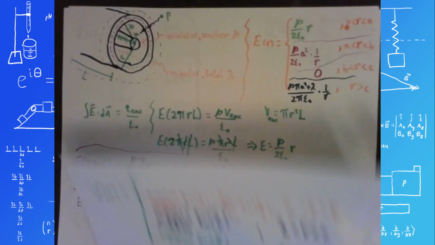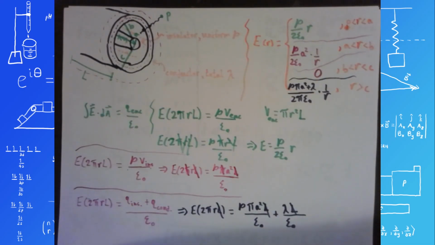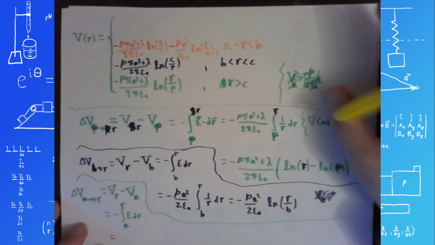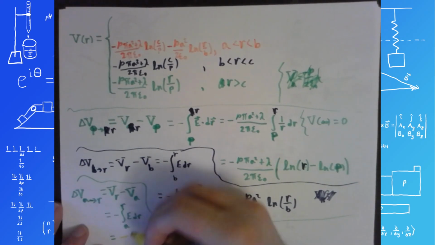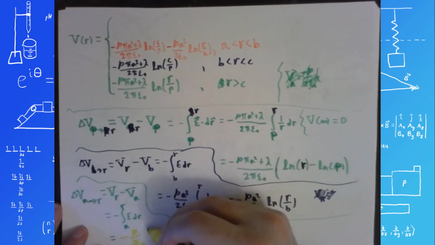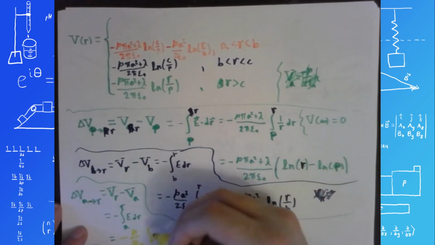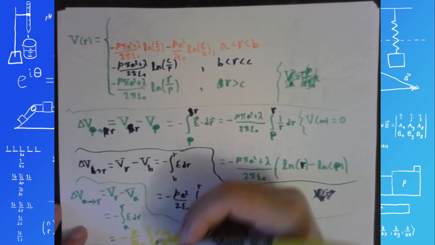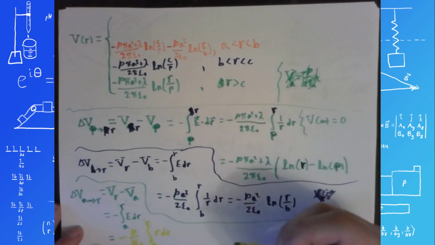I haven't used yellow in a while. Rho over 2 epsilon naught r, so negative rho over 2 epsilon naught, and then integral of r dr from a to r.